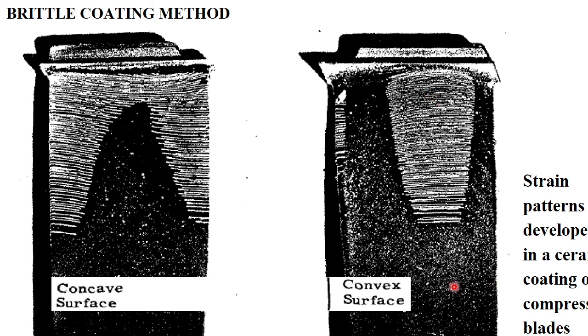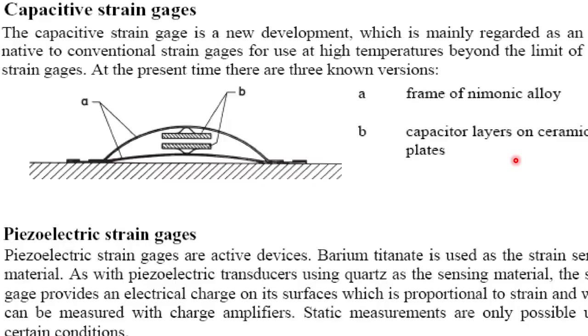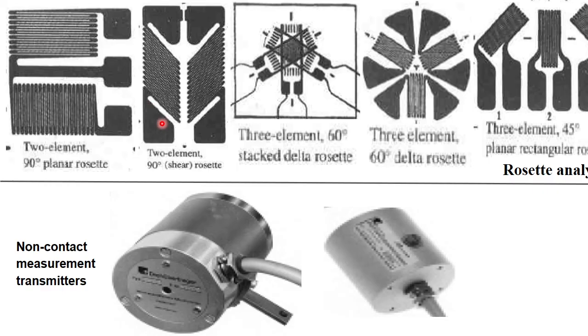Because this compressor blade is rotating and we require a wired connection. How will that wire come out from this strain gauge if we attach it here? There is no possibility. So we require some other techniques to make such measurements, which is a non-contact measurement transmitter.